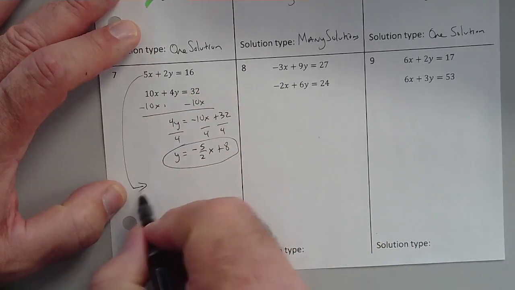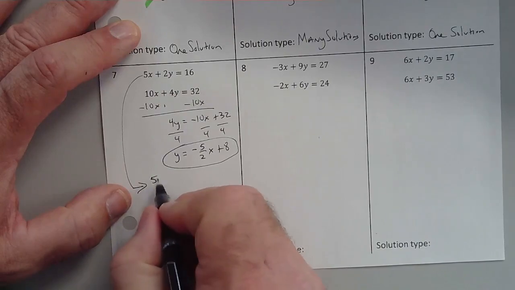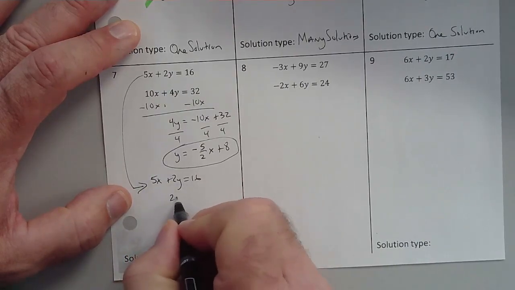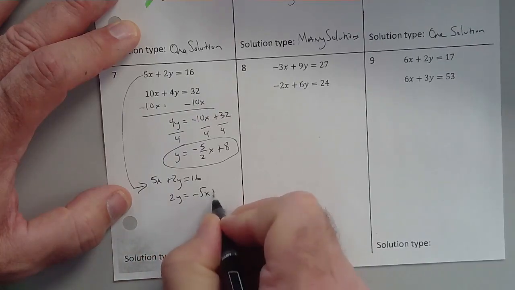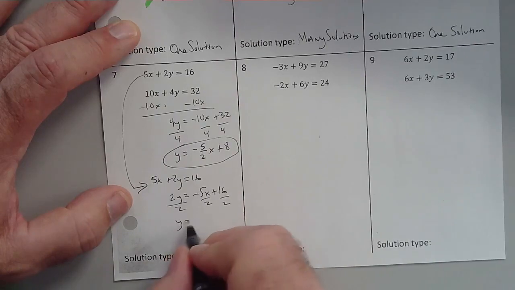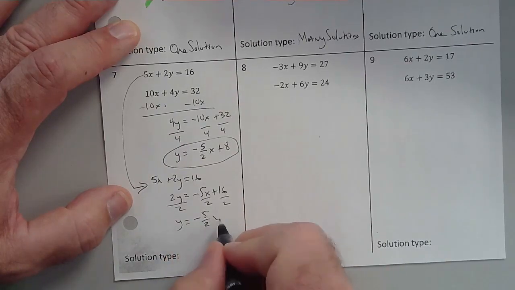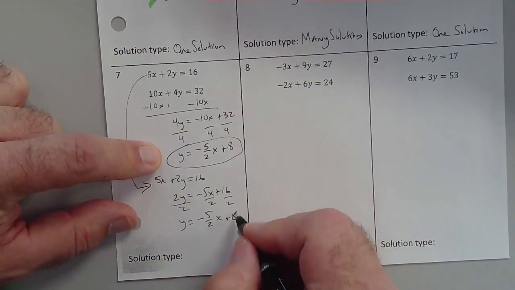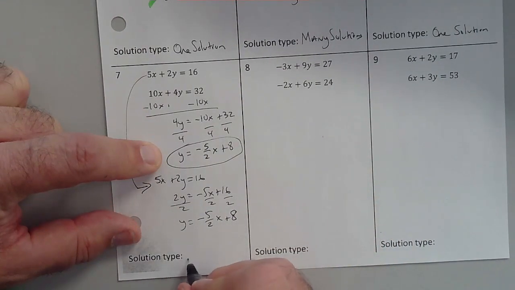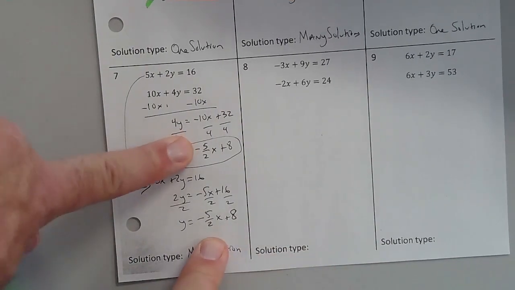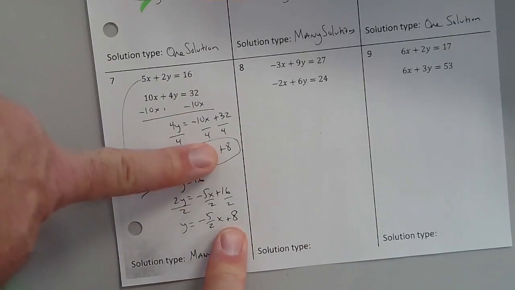I've got 5x plus 2y equals 16. 2y equals negative 5x plus 16. Divide by 2. y equals negative 5 halves x plus 8. That is many solutions. We have the exact same equation. Same slopes, negative 5 halves, same y-intercepts, plus 8.